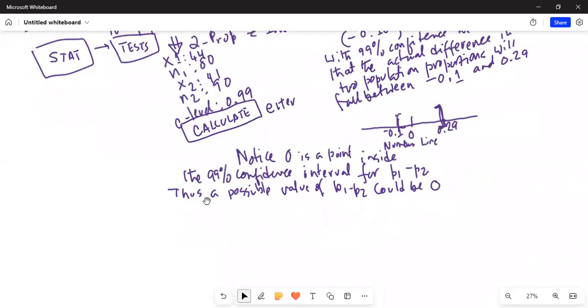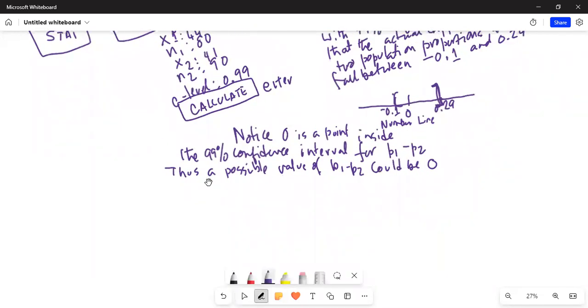Remember, null hypothesis was P1 minus P2 equal to 0, and alternate is P1 minus P2 not equal to 0. Okay.